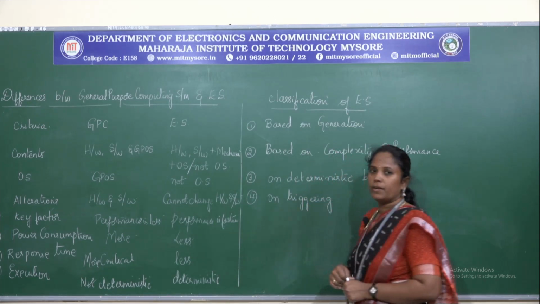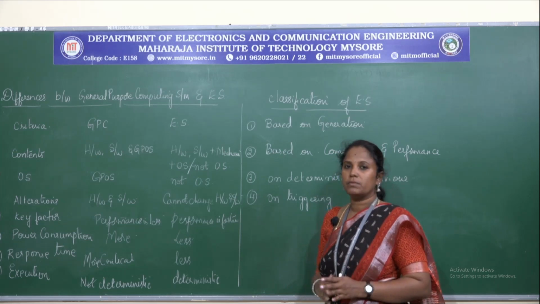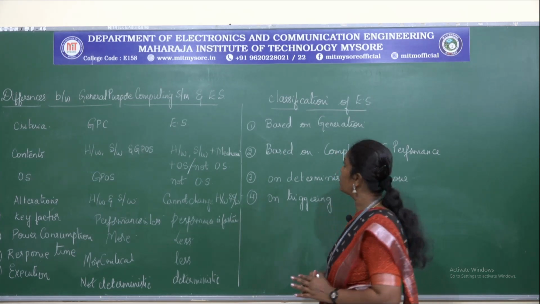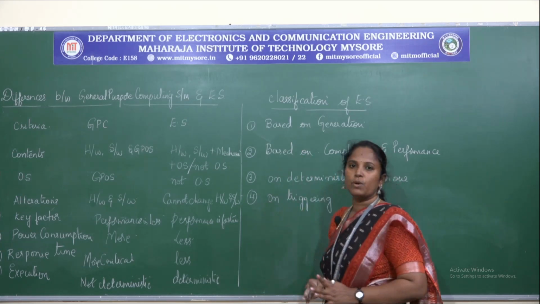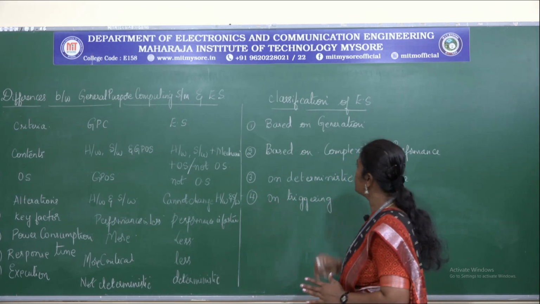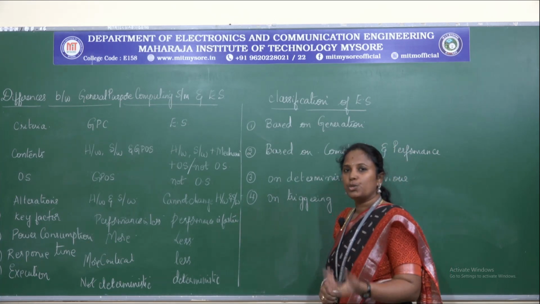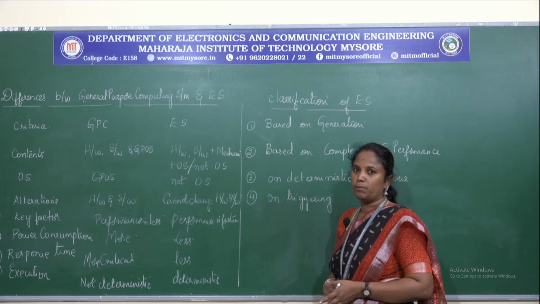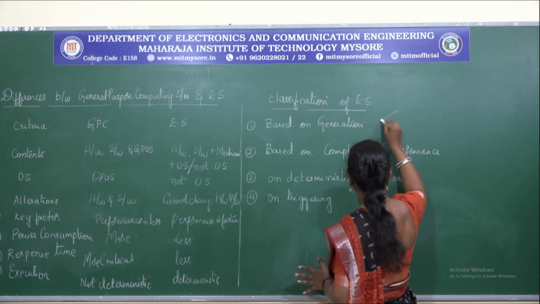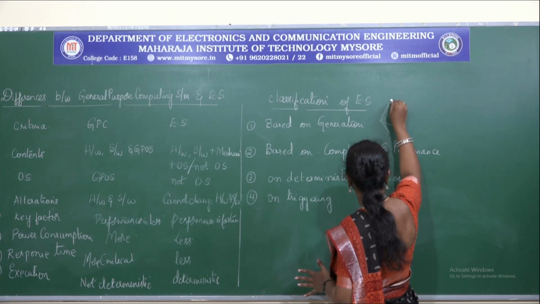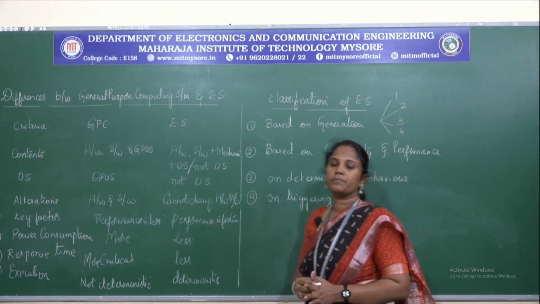let us now classify your embedded system. As I told, we have some criteria on which we are going to classify your embedded system, and we have 4 criteria here. The first one is based on the generation, like to which generation your embedded system belongs. We are going to study different generations here: first, second, third and fourth.